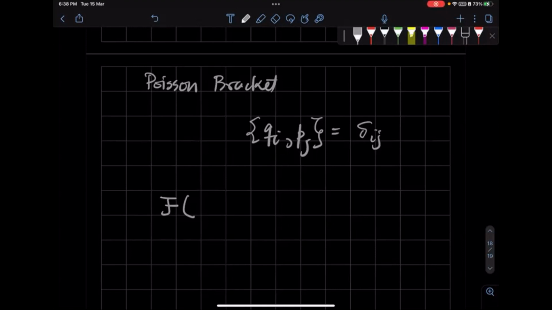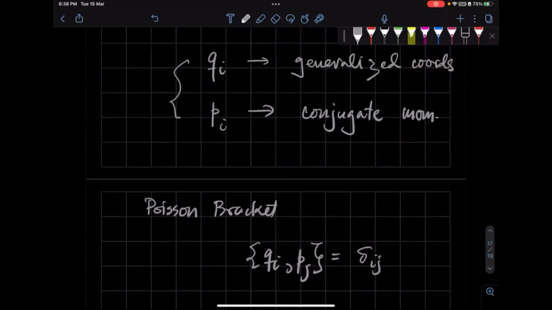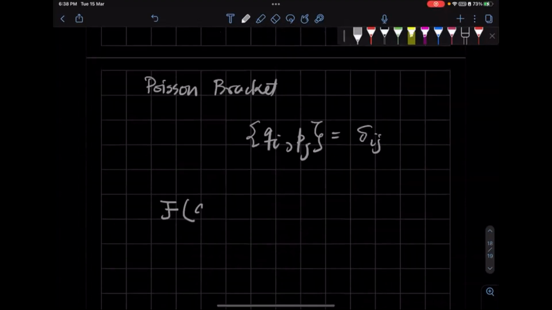All right, so suppose that we have a function of these variables, let's call it f, so f(q,p), and another function g, which is also a function of q and p.